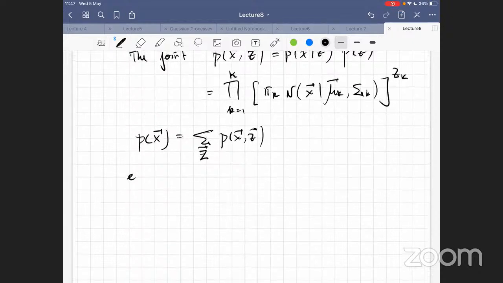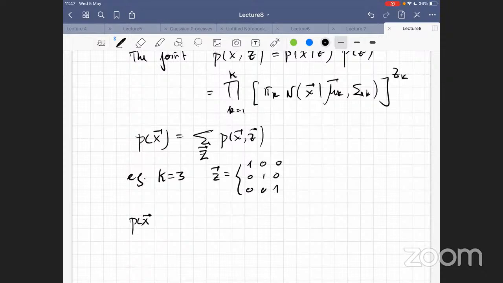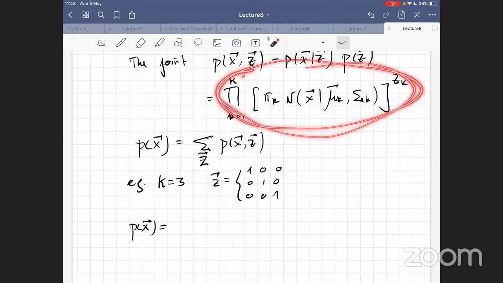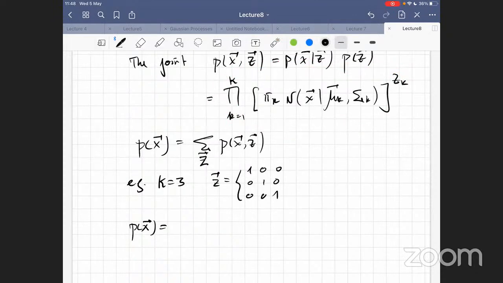Let me just show this with an example. Imagine I have 3 components. Then Z can be 3 vectors: 1, 0, 0; 0, 1, 0; 0, 0, 1. I am taking this expression for every possible value of Z. So the first point is class 1, the second point is class 2, the third point is class 3.